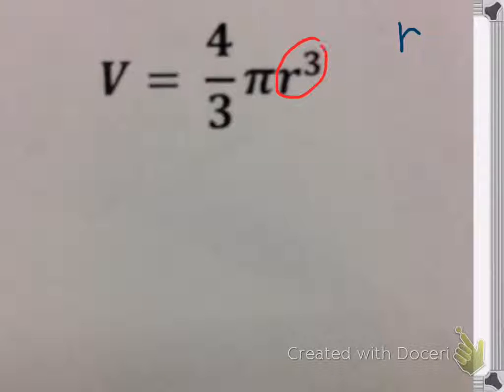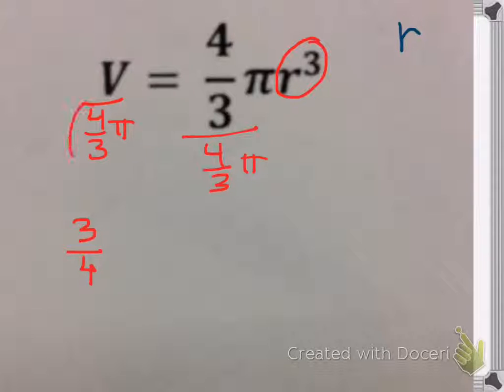We're going to isolate the r, which means I would have to get rid of the 4/3 and the pi. 4/3 and pi are multiplied by the r cubed, so I would divide it to the other side. When I divide by a fraction, I actually get to flip the fraction upside down and multiply by it instead. So that 4/3 right here flips upside down to be 3/4.